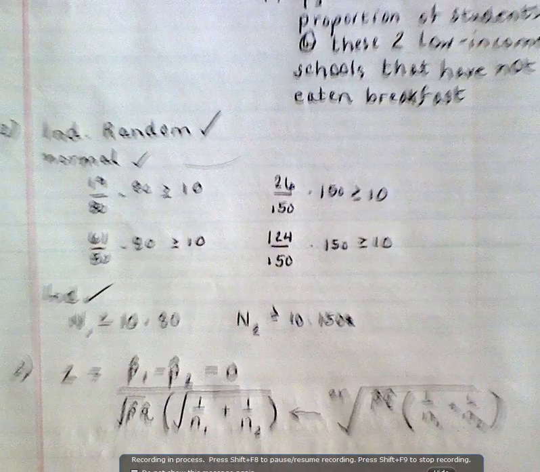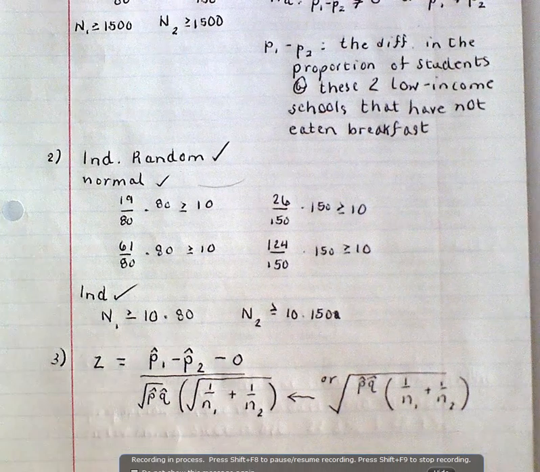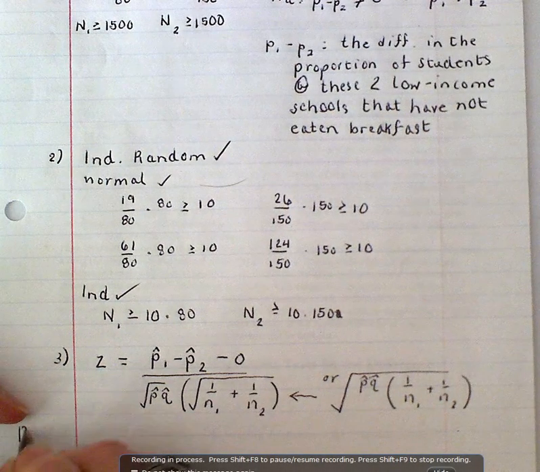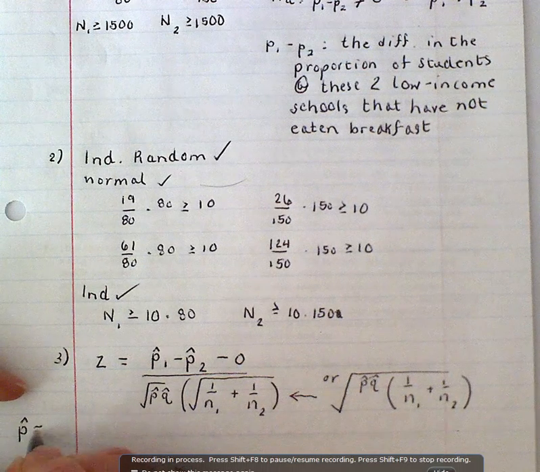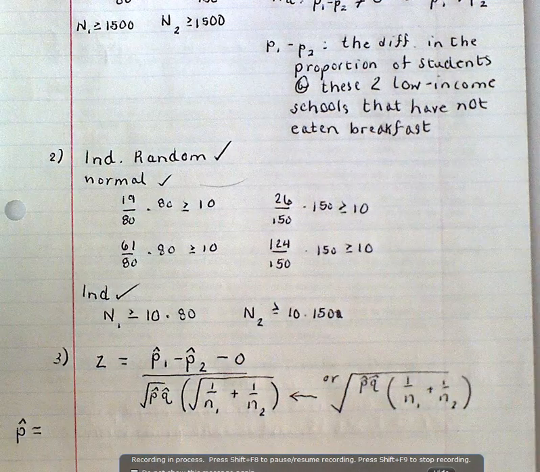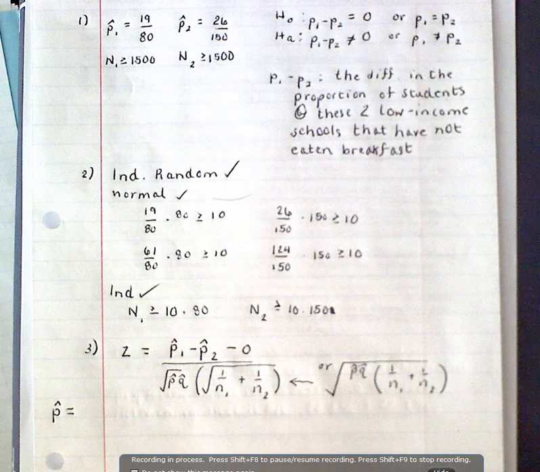Now, the question now is, how do we get that pooled p-hat? Well, a pooled p-hat is where you basically just pretend that you haven't taken two separate samples, but rather you just took one big sample from one big population. Okay?